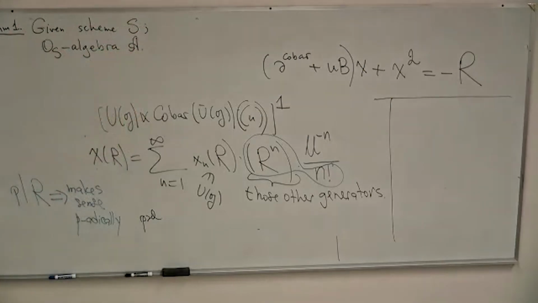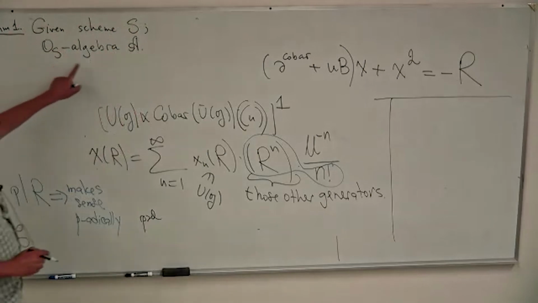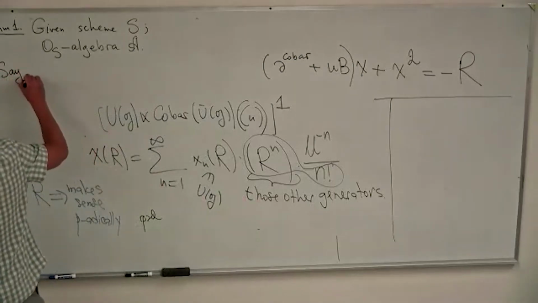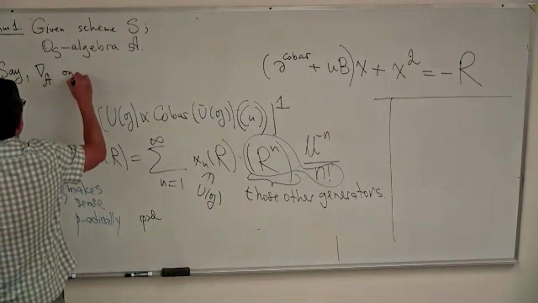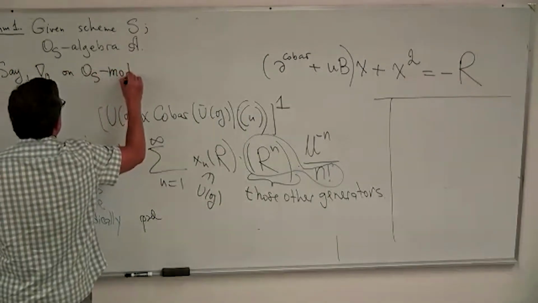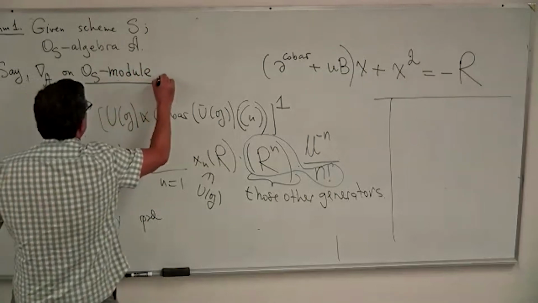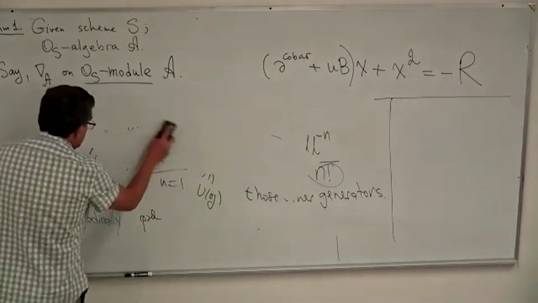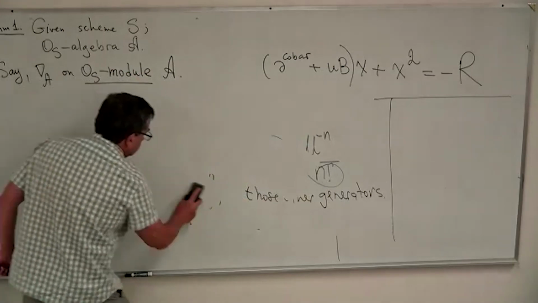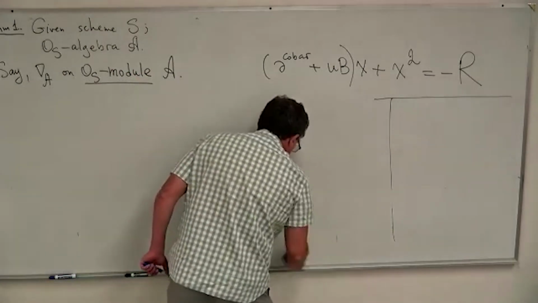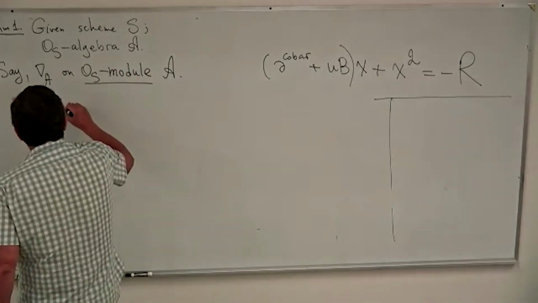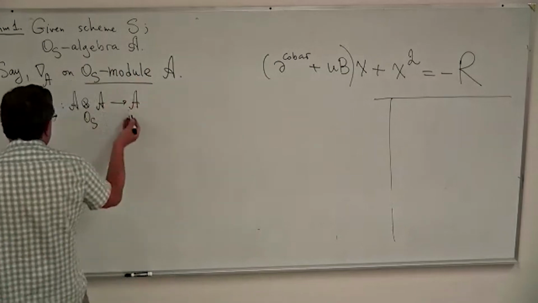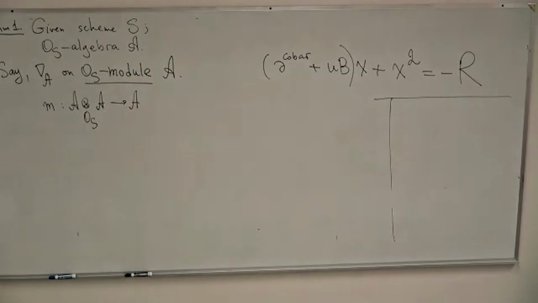Given a scheme S and then an OS algebra A. And let us say this is the product, kind of a point-dependent product.